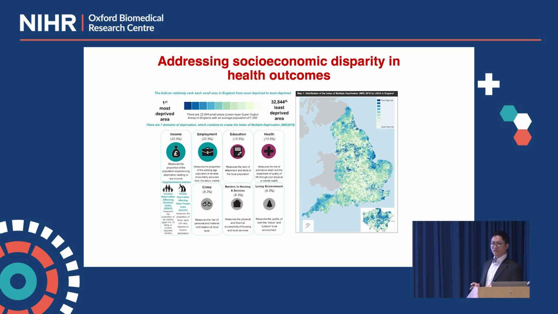And we know for a fact that people who are less well off have worse clinical outcomes. And with this data, we can see if there are any measures or markers on the CT scan that can help address the higher risk in this population.